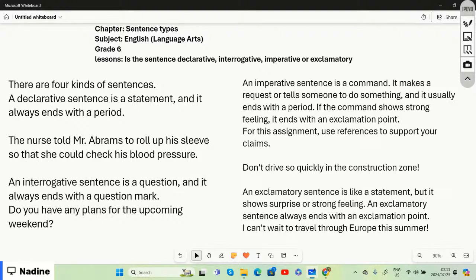Then we have lastly one of our four kinds of sentences, the exclamatory sentence.